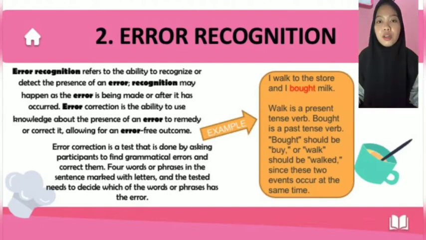The example of error recognition: I walked to the store and I bought milk. Walk is a present tense verb. Bought is a past tense verb. Bought should be buy or walk should be walked, since these two events occurred at the same time.